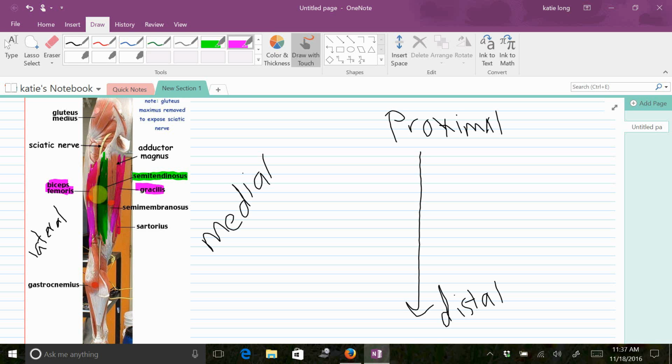If we were talking about the semitendinosus in relation to the biceps femoris or gracilis, the semitendinosus is medial. So just know that medial is always referring to the middle. Don't let that confuse you either. Okay, I hope that made sense. If not, reach out to me and we'll talk about it more.